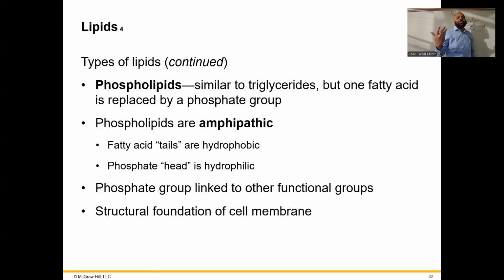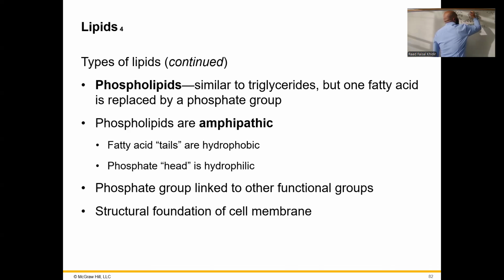So there is a region in the cell that is facing outside, and that is the head. They have a hydrophilic head and a hydrophobic tail.